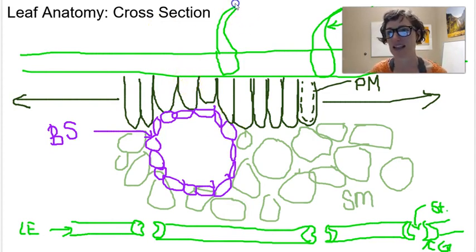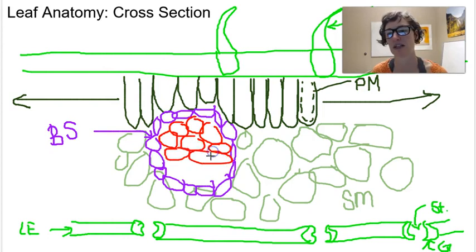But that means that the xylem, which I'll do in red here, we have large vessel elements because we're looking at an angiosperm. Xylem's on top, takes up most of the vascular bundle, and then phloem is down there below, and we would have large cells that were sieve tube elements and small cells that were companion cells.